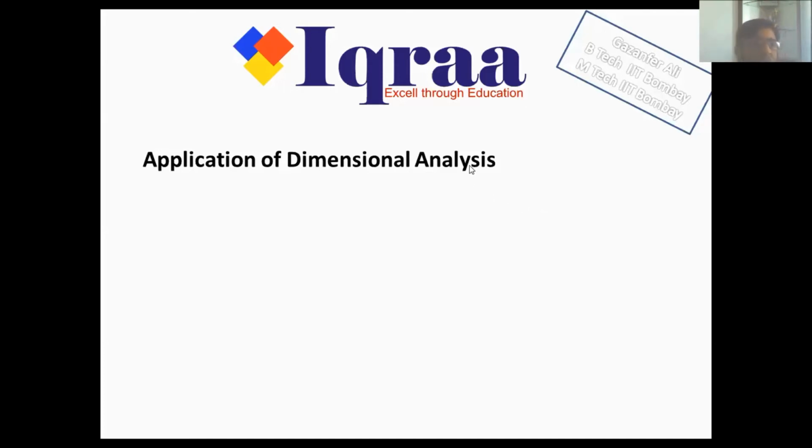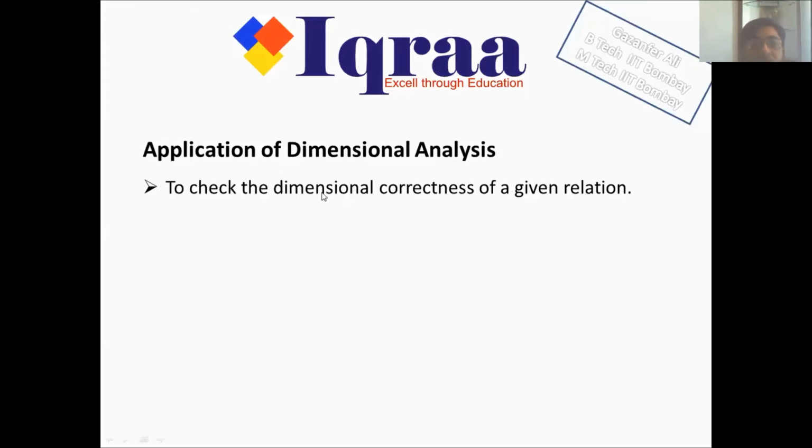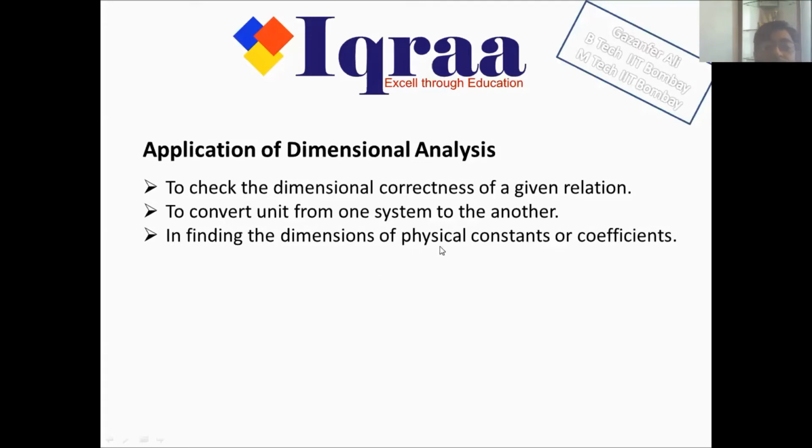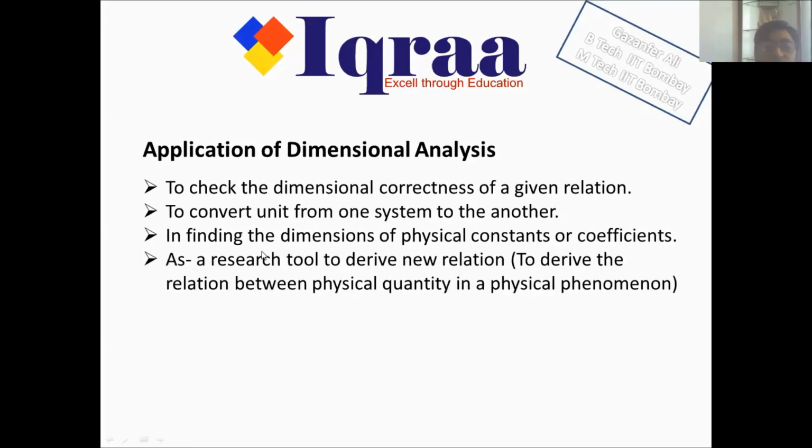Okay, and then we said that there are a lot of applications of dimension analysis. There were some applications which I listed out in the last class. Let us revise those and apply it. The first application is to check the dimensional correctness of a given relationship. Second was to convert unit from one system to another system. Third is in finding the dimensions of the physical constants or coefficients.